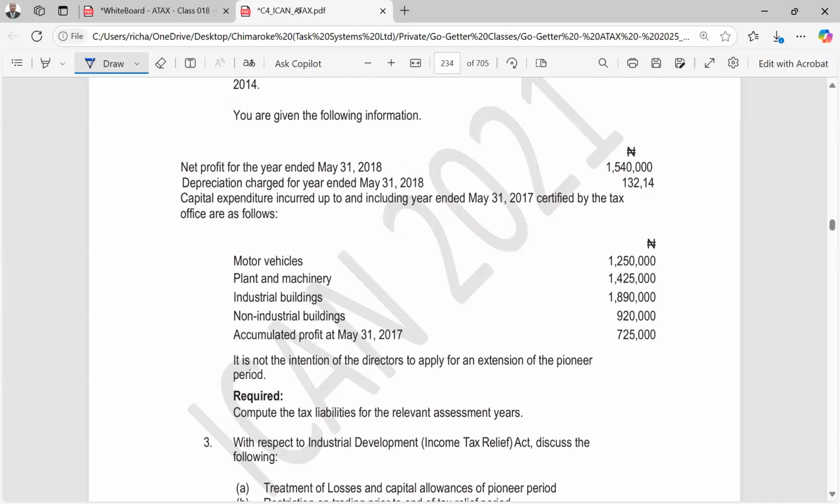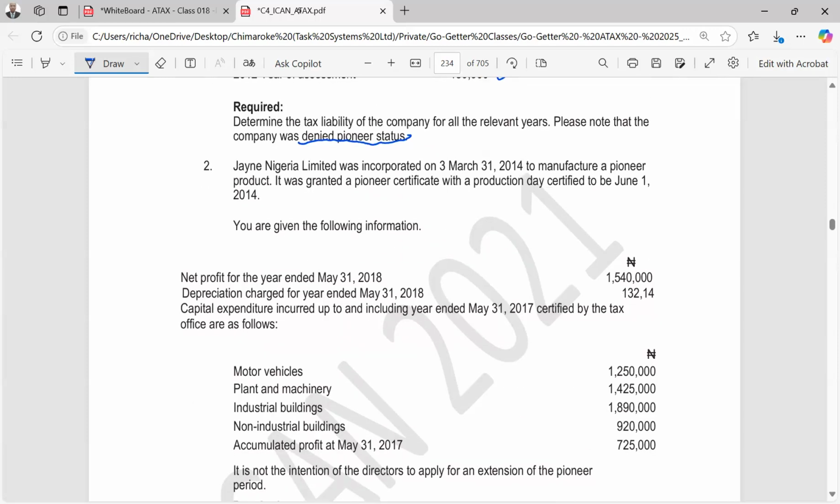All right. Jade Nigeria Limited was incorporated on March 31, 2014.